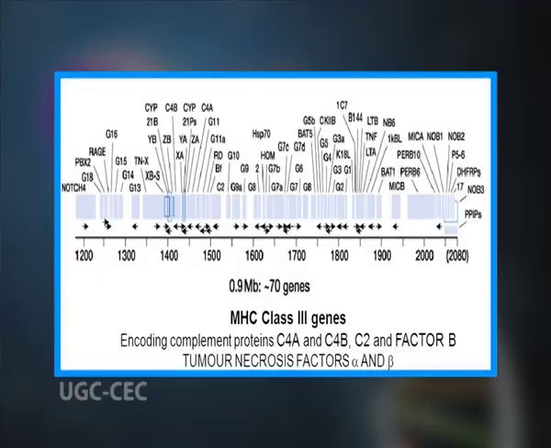The overlapping genes may be present in chromosomal regions with high gene density. Example, the class 3rd region of the HLA complex contains partly overlapping genes and has an average gene density of about 1 gene per 15 kb.